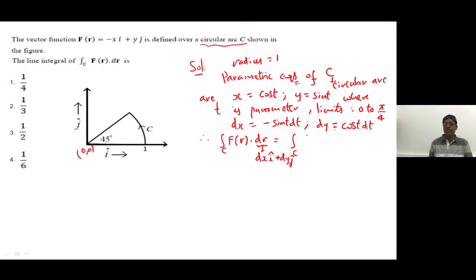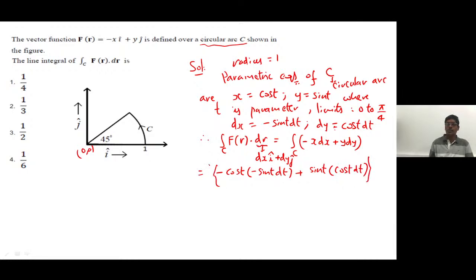So the dot product, f is given, dr is given, gives minus x dx plus y dy. Now these are two variables, but I already converted them in the parametric equations to the variable t. Substituting: minus x value cos t into dx, minus sin t dt, plus y value sin t, dy value cos t dt.